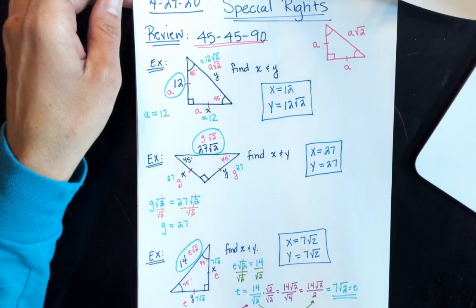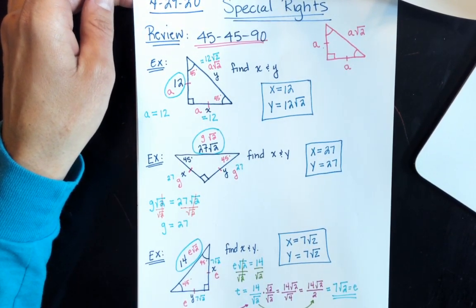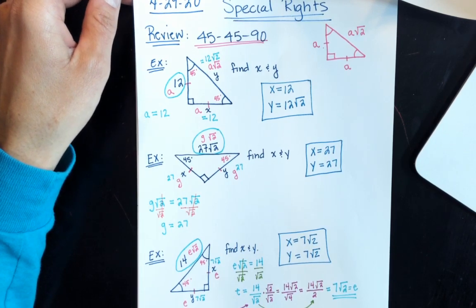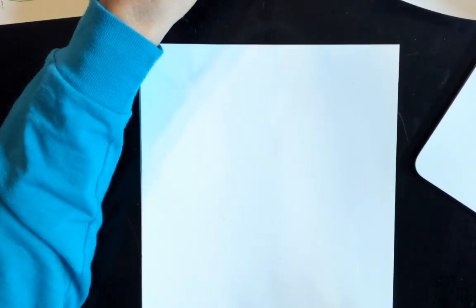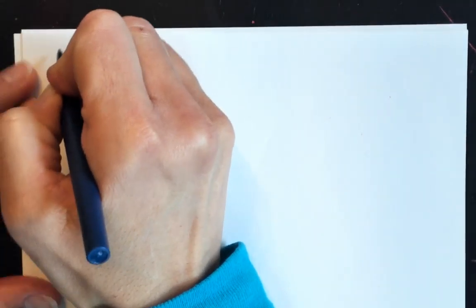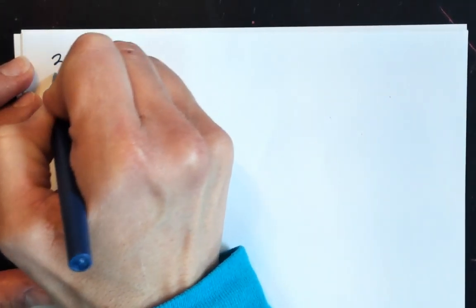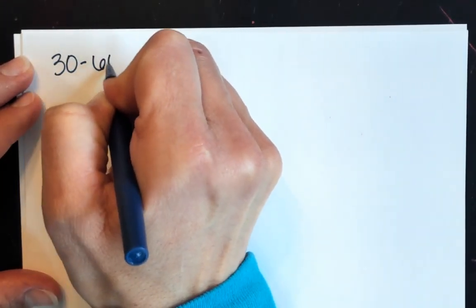What I want to now do is look at a few other questions. We're going to zoom back in here. But this time, we're going to talk about what's called 30, 60, 90.